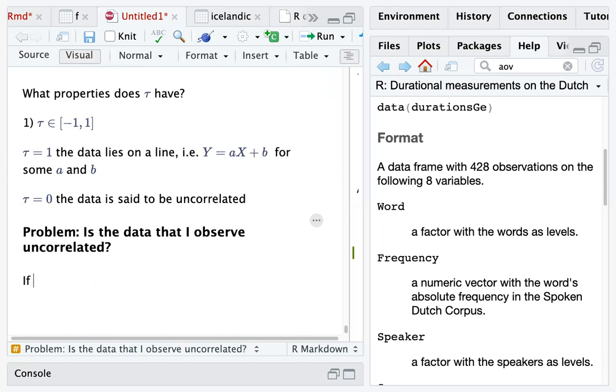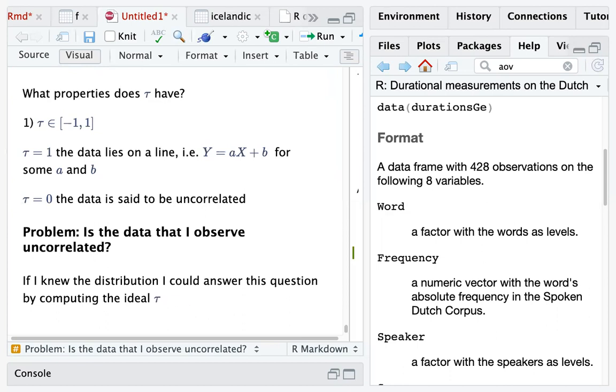If I knew the distributions, I could answer this question by computing the ideal tau, the one using the real covariance of the data, which we don't know.